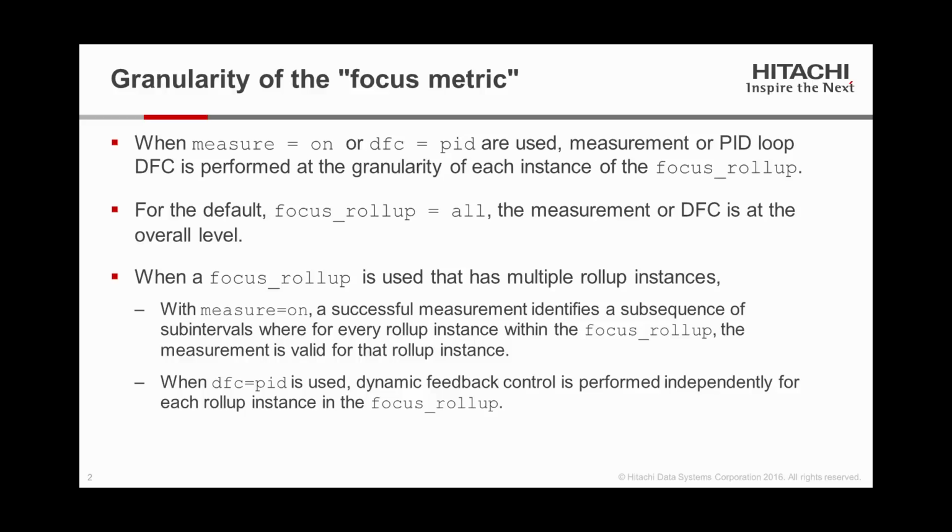If you're using the default focus rollup, which is all, there's only one instance, and therefore measurement or dynamic feedback control will happen for all of the workload's threads together in unison.